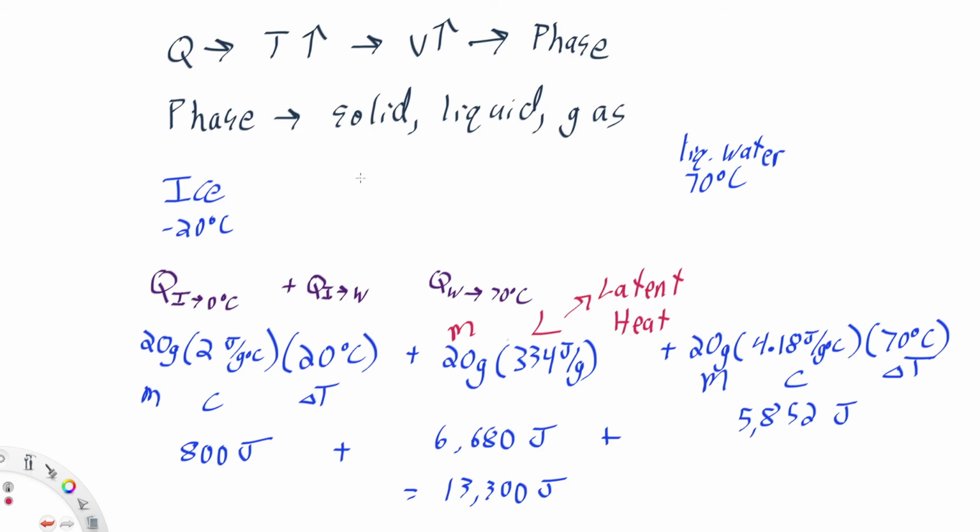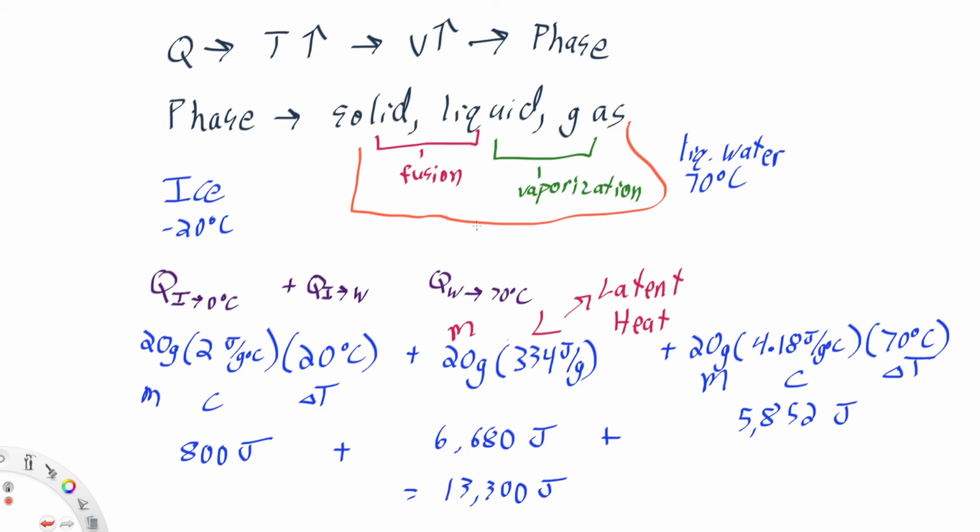So if we have solid, liquid, gas, from solid to liquid, we call that the heat of fusion. From liquid to gas, we call that the heat of vaporization. And from solid to gas, anyone remember what the phase change from solid to gas is? Sublimation.